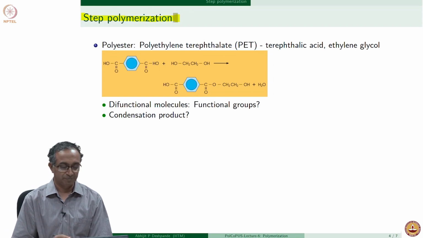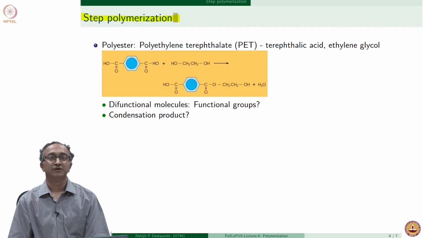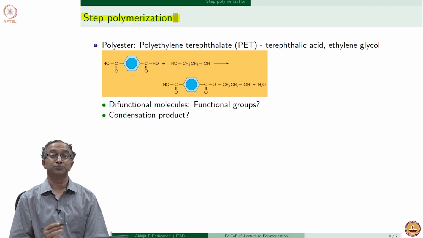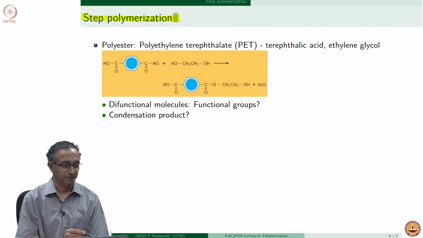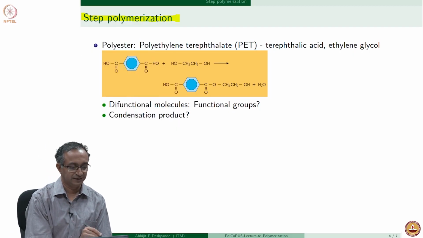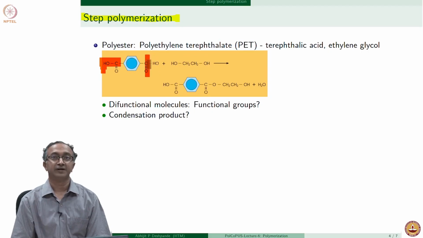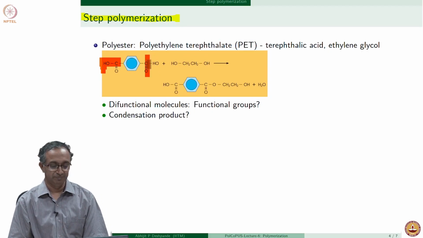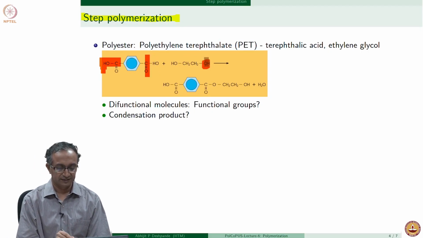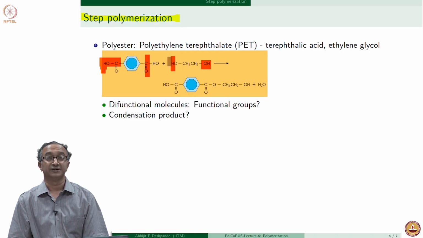And how does this happen? Because we have difunctional molecules. Molecules with two functionalities, so two times reaction can happen. And that you can see here. There is a carboxylic acid on terephthalic acid, but there are two of them. And there is ethylene glycol with two hydroxyl units.